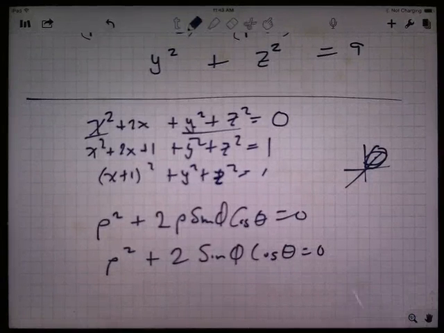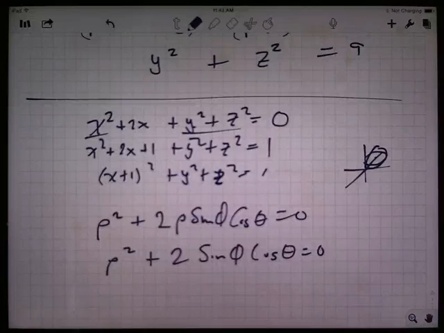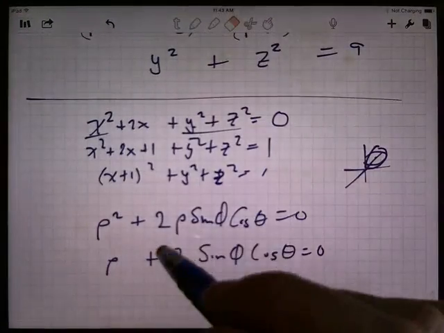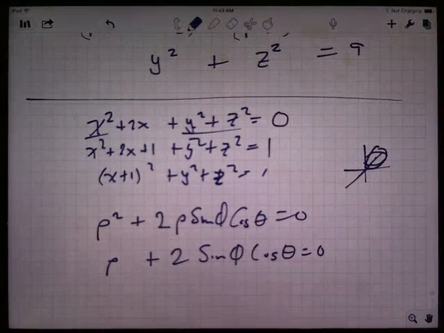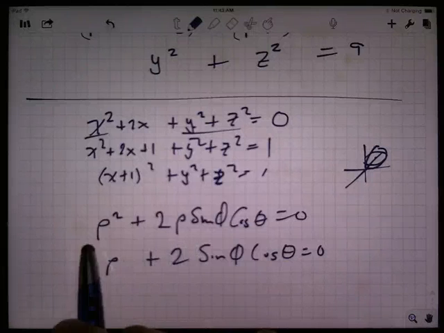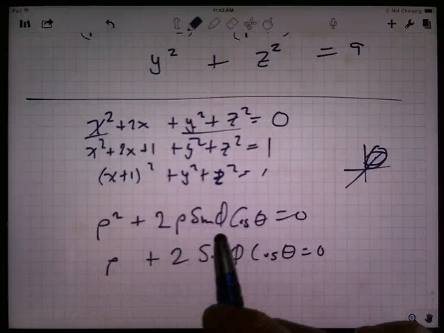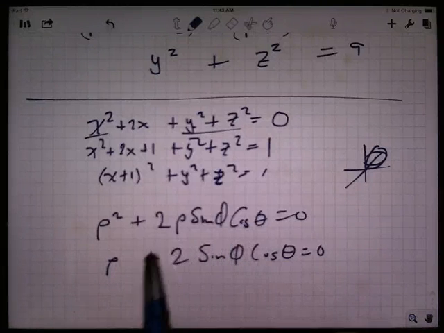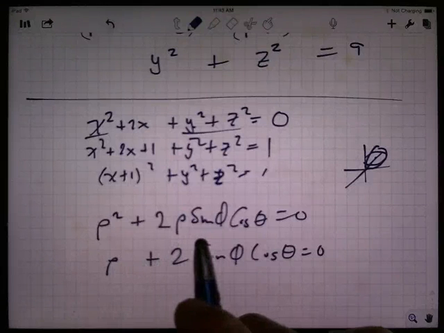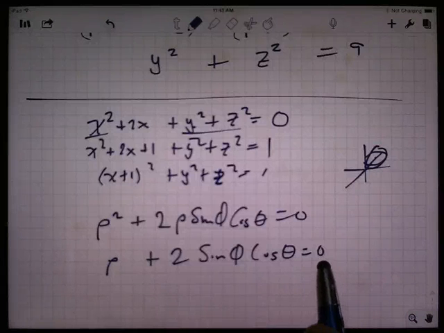But in this case, I can divide by rho. If I can see that the origin is still in there, then I haven't lost anything. Rho equals 0 is only the origin. I don't care what theta and phi are. If you haven't moved away from the origin, you're at the origin. So dividing by rho has the potential of maybe changing the graph by a single point.